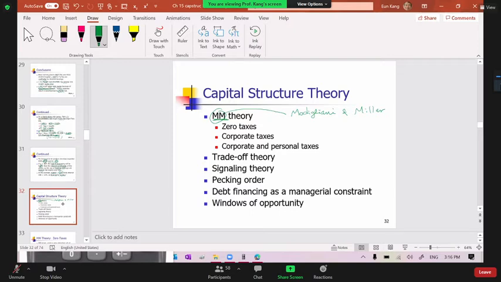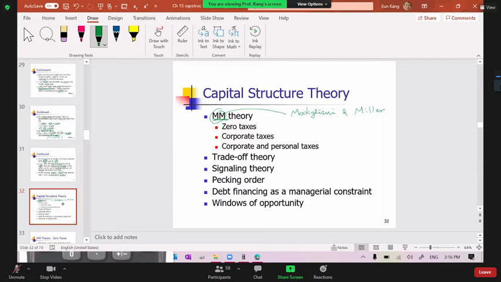Originally, Miller was a PhD student of Modigliani. Modigliani was a professor. Miller was a PhD student. But Miller was very bright. So Modigliani and then Miller later wrote many papers together.